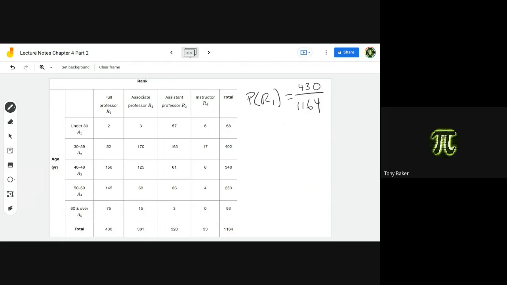Now, that's not a conditional probability, because there was no condition put on. We were just picking that one event. What's the odds of me picking somebody who's 30 to 39, given that they are a full professor?